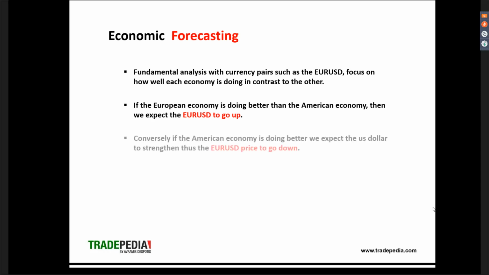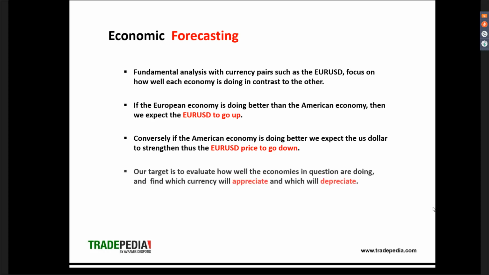On the other hand, if the American economy is doing better, we would expect the US dollar to strengthen against the euro, meaning the Euro-USD price goes down. If the Euro-USD as a pair goes down, what does that mean? It means that the euro is depreciating and the US dollar is appreciating. Now our target is to evaluate how well the economies in question are doing and find which currency will appreciate and which will depreciate.